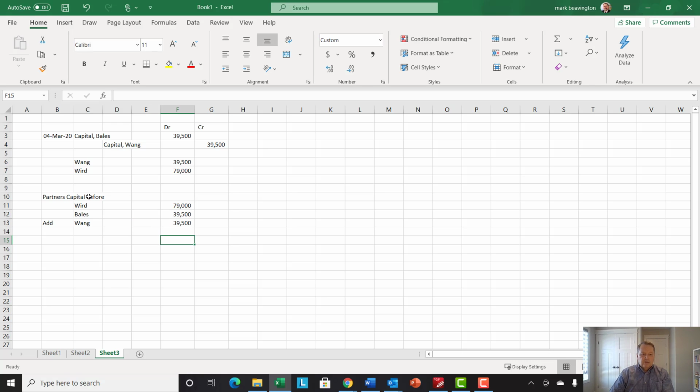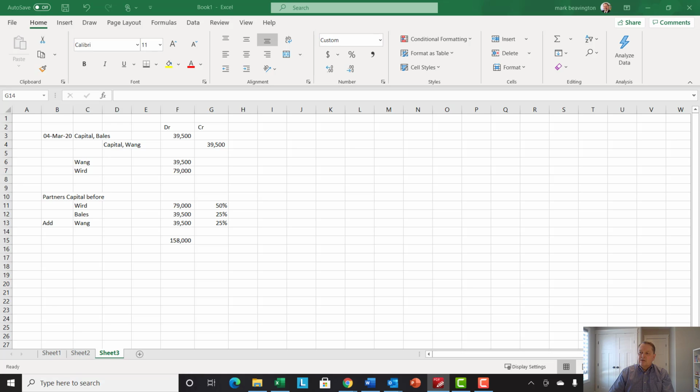That means the grand total of all of those capital accounts is $158,000. She's earned a 25% interest. Bales has a 25% interest, and Word has a 50% interest. So if we change it to percent, that makes some sense.